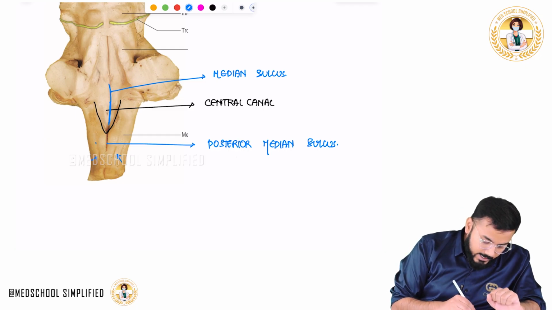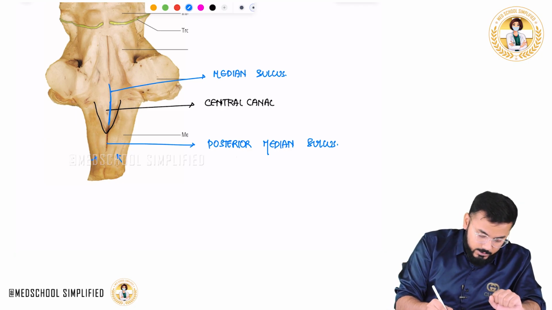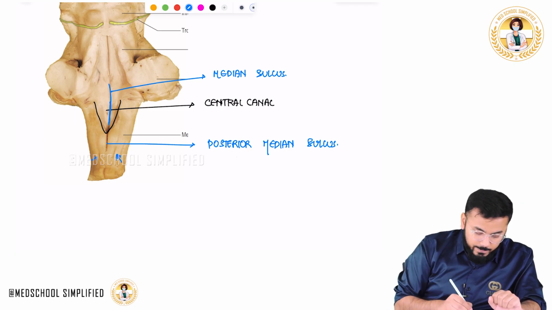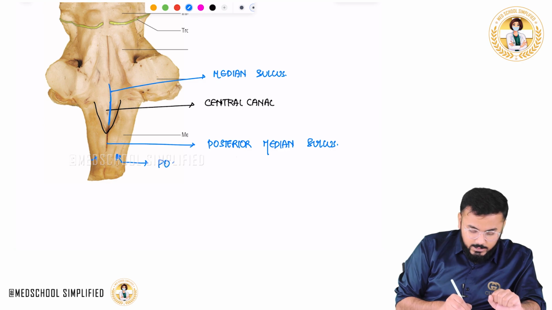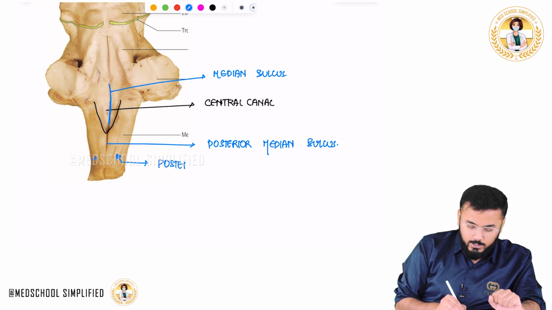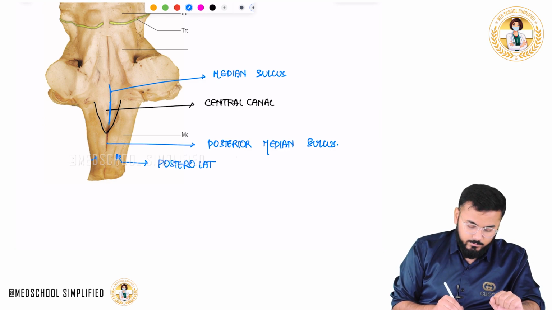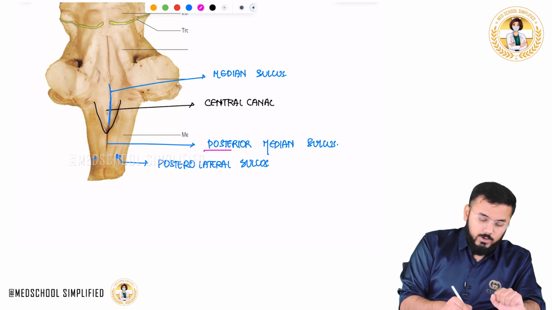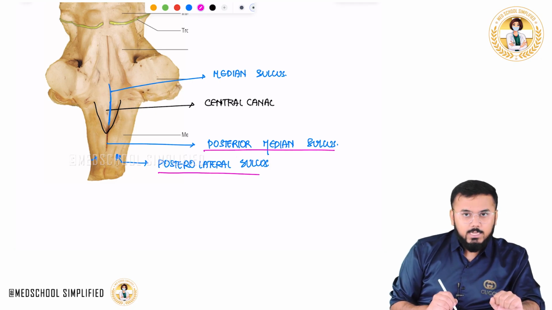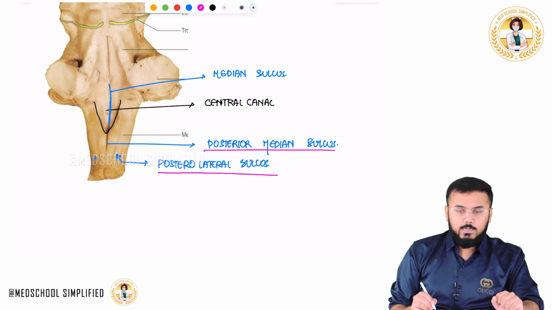And you see these lines over here on both the sides like this, right? Again I'm rubbing it out, just look at it. You see these lines? These lines over here which you can see is called as posterolateral sulcus. So one thing you have is the posterior median sulcus, another one you have is a posterolateral sulcus.